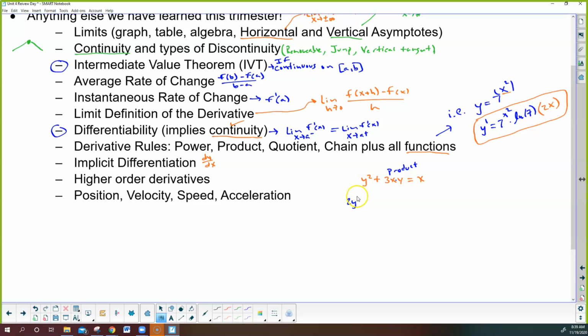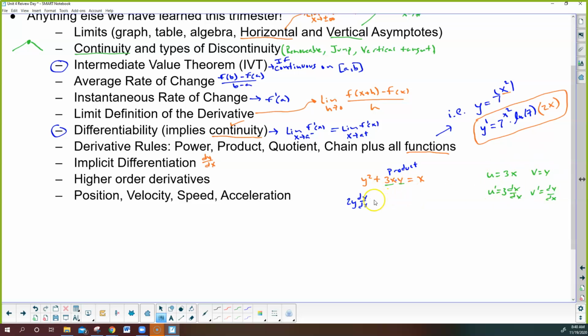The derivative of y squared is 2y, but because we're taking the derivative of y, it's dy/dx. And then I've got the product rule. If you want, you can come over here and you could say, let u equal 3x, let v equal y, and then you could do the product rule doing all that work. But I hope we're past this part in green.